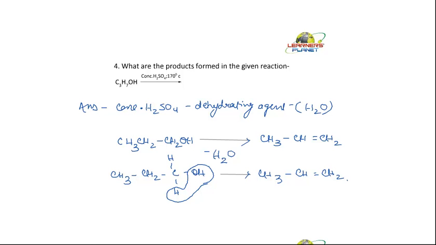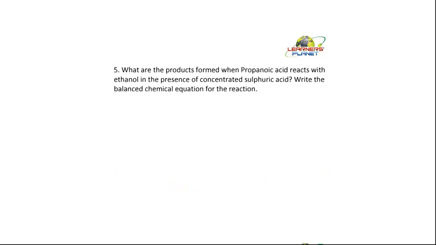So depending on the temperature the reaction takes place, you remember this reaction only. That is, alcohols with concentrated sulfuric acid at 170 degrees centigrade form alkenes. That is, it undergoes an elimination reaction.